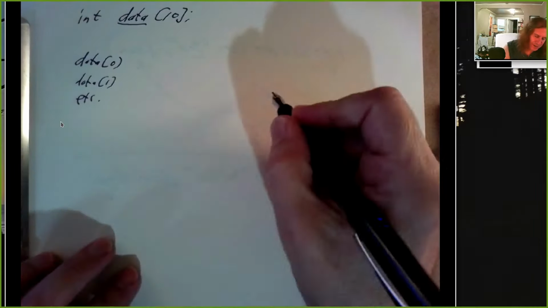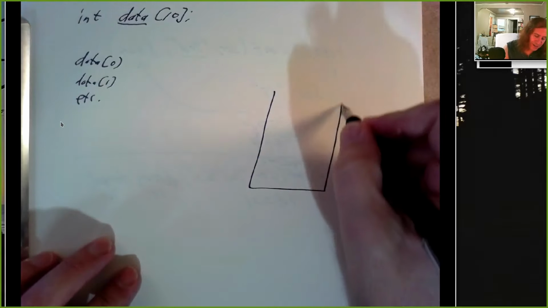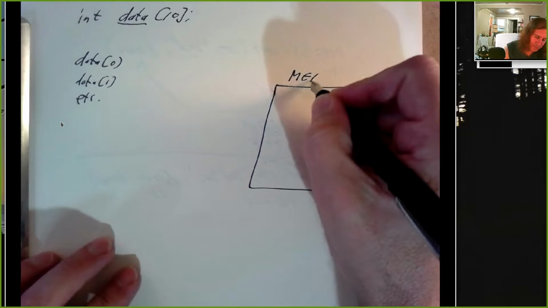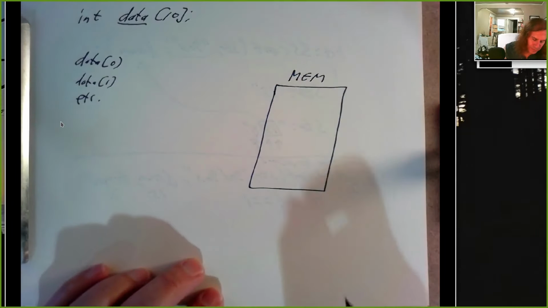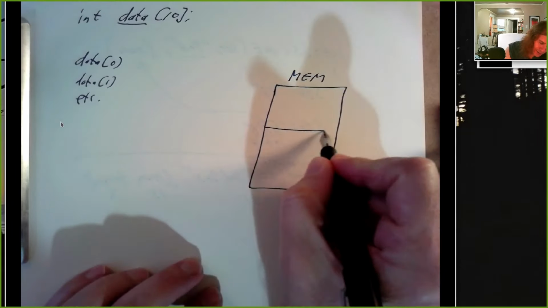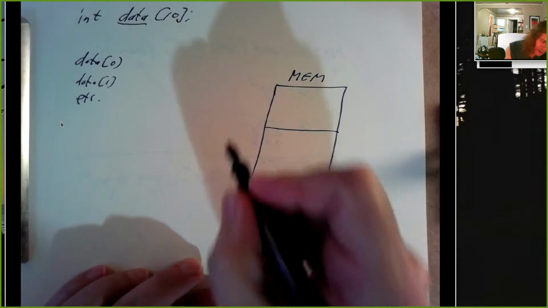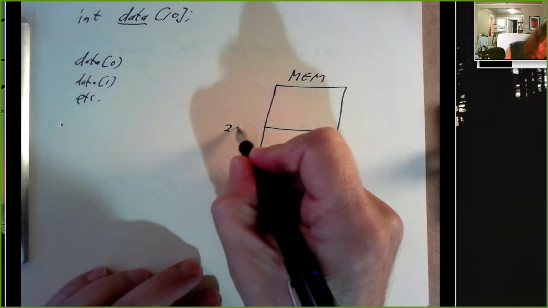It finds a location in memory. Actually, it arranges for the linker to find a location in memory where an integer can be stored. And let's just suppose this is location 200.